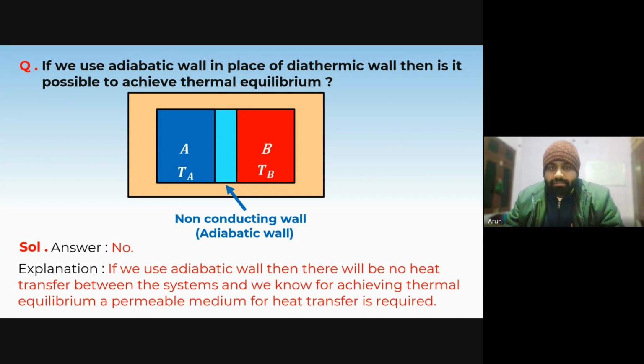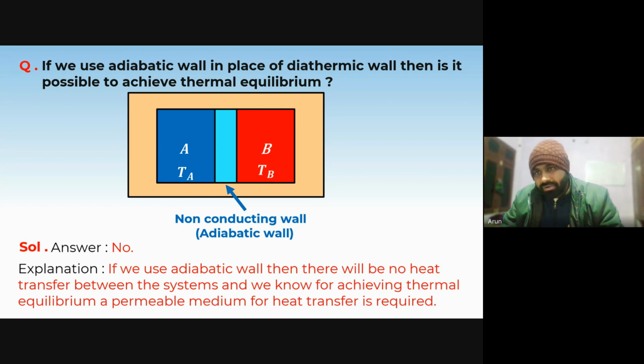If the non-conducting adiabatic wall is there, there will be no heat transfer from system A to system B or from system B to system A, even if the temperature of B is greater than A. And if there is no heat transfer, they will remain at different temperatures. How can they allow heat transfer?